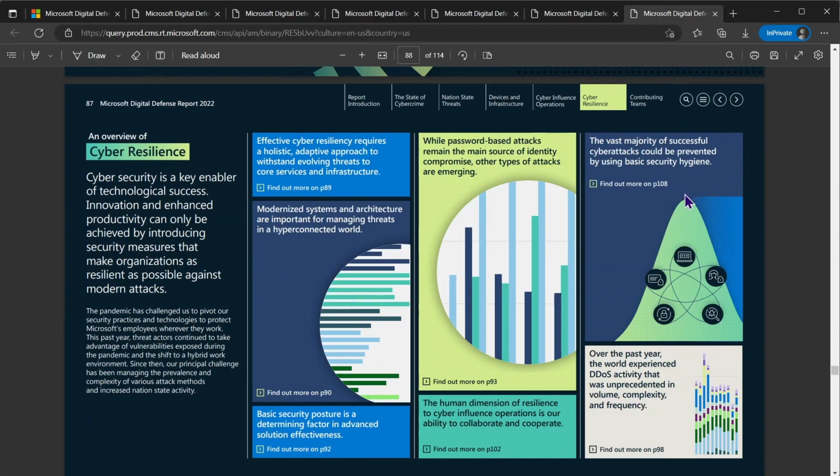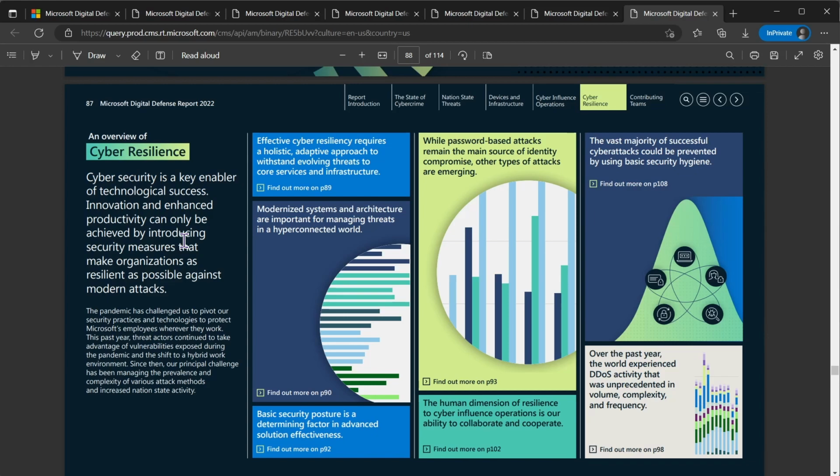And lastly, the last section that I want to cover is the overview of cyber resilience, right? Cybersecurity is a key enabler of technological success, which essentially requires that innovation and enhanced productivity can only be achieved with proper and robust security measures.